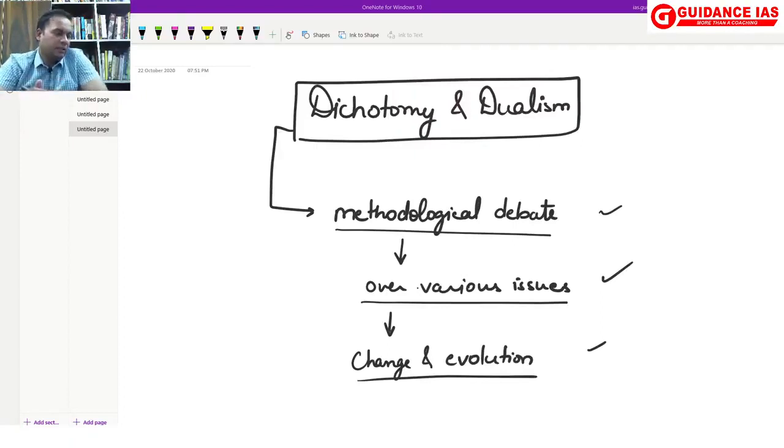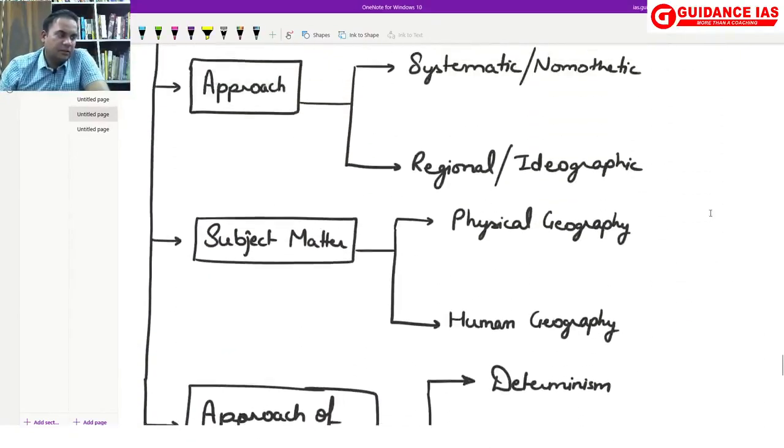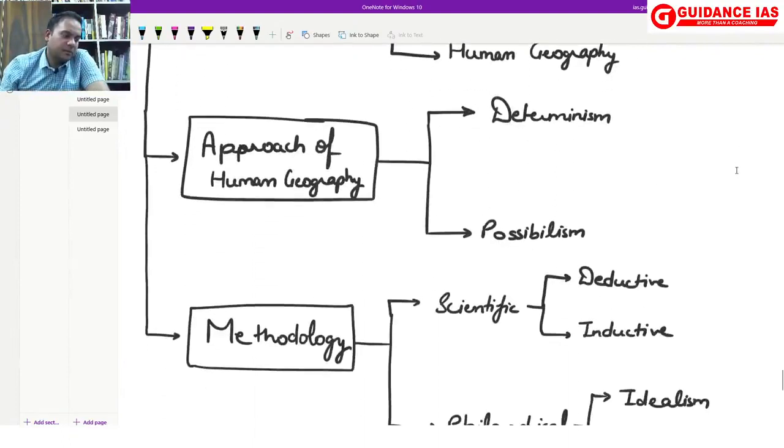If you remember, in the last class we already saw that in geography dichotomy and dualism lie in the approach, subject matter and methodology of geography. So everywhere in geography we find dichotomy and dualism. Okay. Change the paragraph.